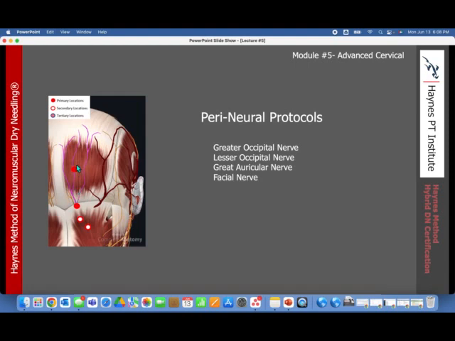We also can needle for these protocols to facilitate improvement in conduction in the nerves themselves. We're not specifically targeting the nerves perineurally. We're just trying to get close to or adjacent to the nerves themselves. When it comes to the soft tissue and the muscles, we're trying to target those things specifically.